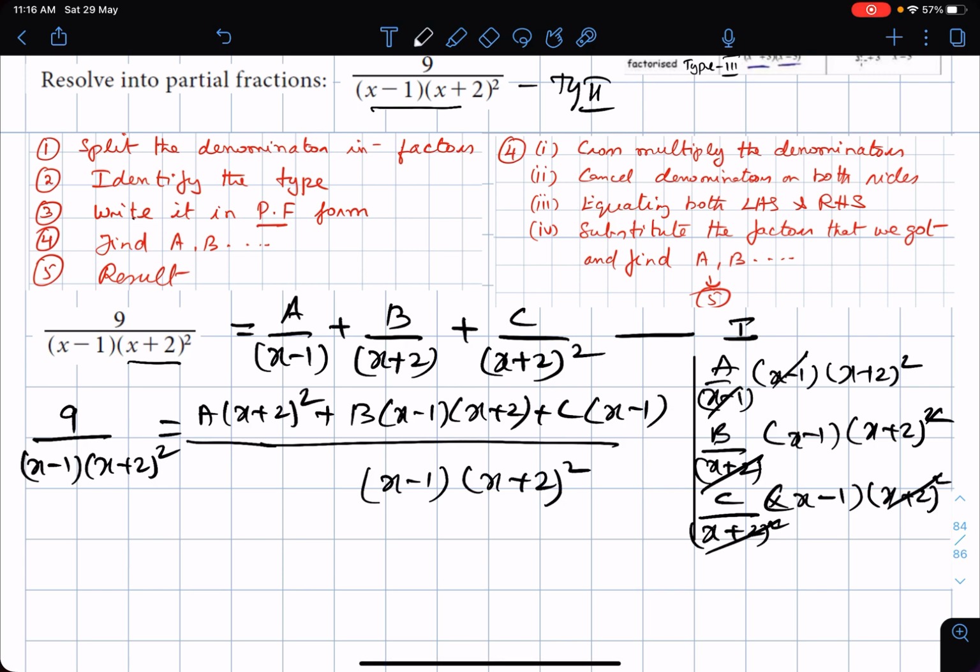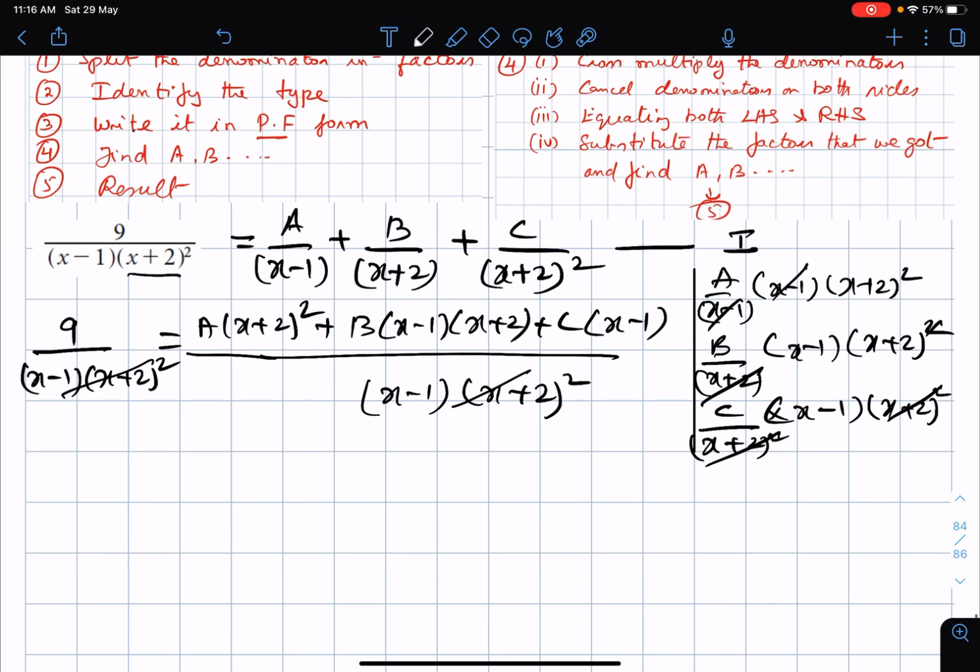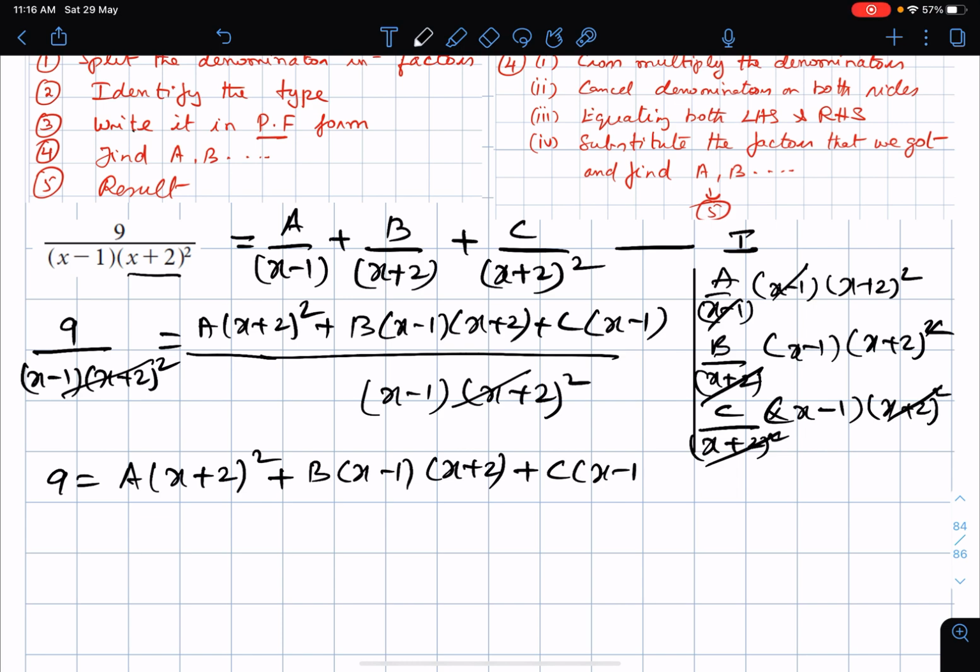This is the way you have to find out when you get the repeated factor type. Now both our denominators get cancelled, so what do we get? 9 equals a into (x plus 2) the whole square plus b into (x minus 1) into (x plus 2) and plus c into (x minus 1).